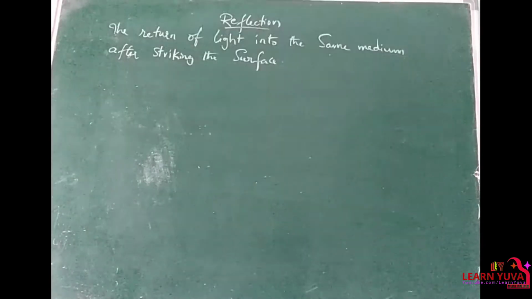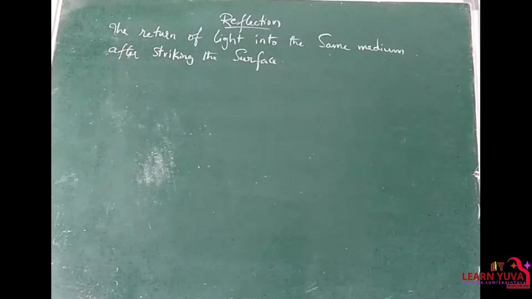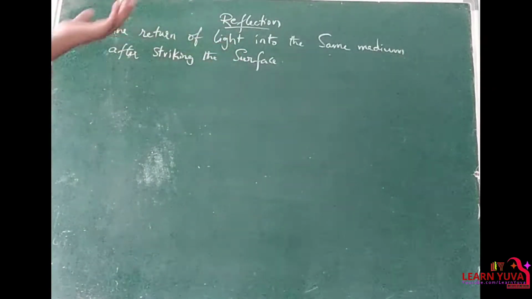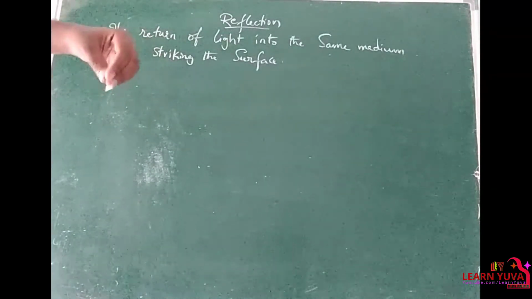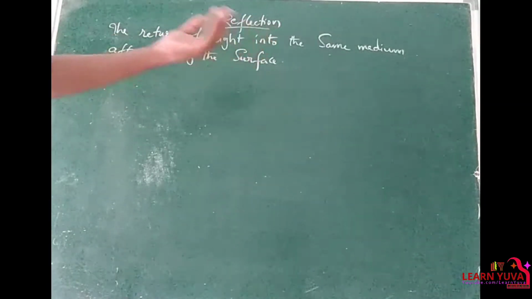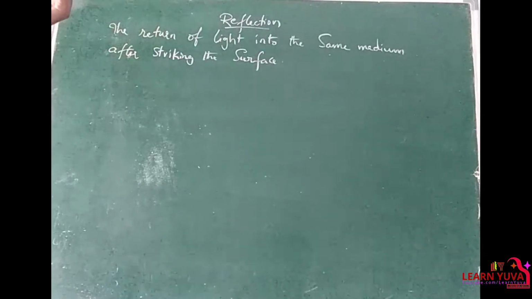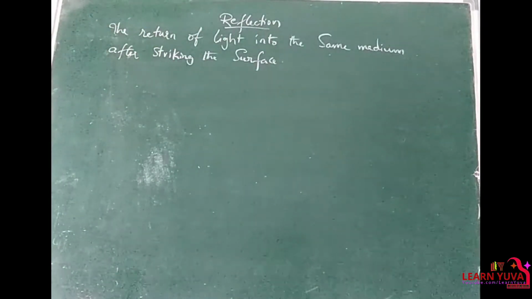That's it. Reflection is nothing but the return of light into the same medium. What is the medium? Light enters, and after striking the surface, the light reflects to the same medium. Returning of the light into the same medium is nothing but reflection.